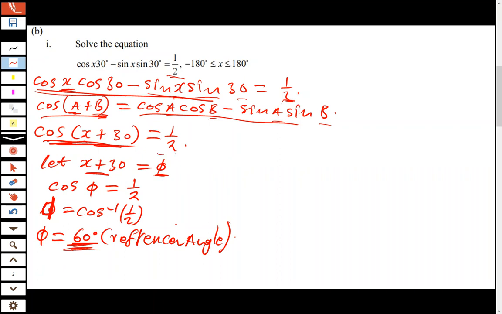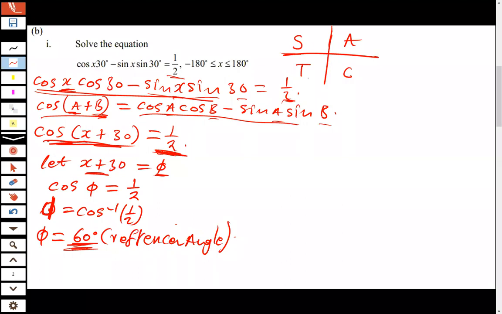On this side we have a positive half. So cos is only positive in certain quadrants of the XY plane. In the first quadrant, all trig ratios are positive. In the second quadrant, it's only sine. In the third quadrant, only tan is positive. Then in the fourth quadrant, only cos is positive.